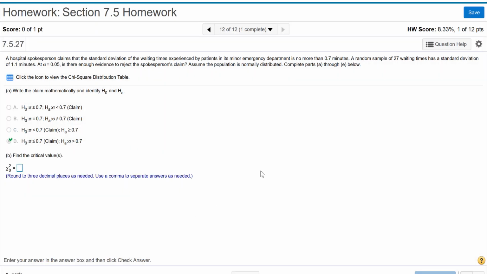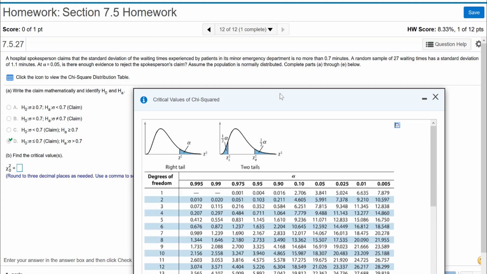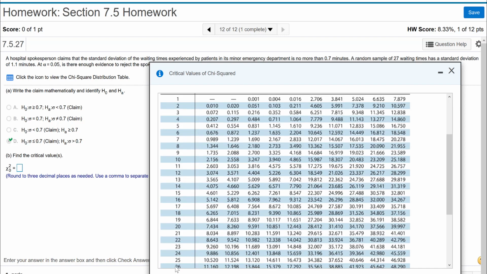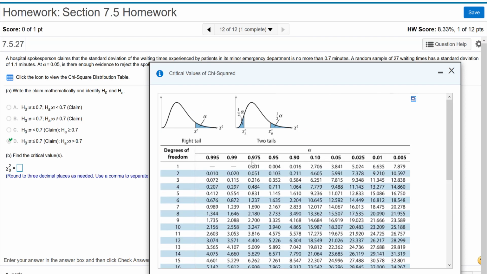Okay, and then let's find the critical values here. All right, let's look at our statistic here. There are a random 27 waiting times. So therefore, we're going to go to 26 for the degrees of freedom. And we have 20, okay, and then 0.7 two tails, there it is.